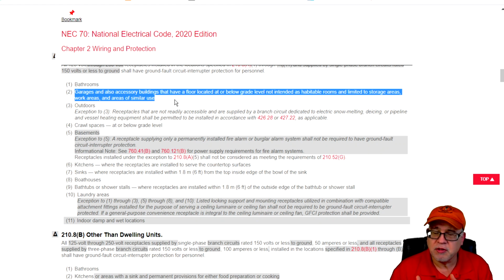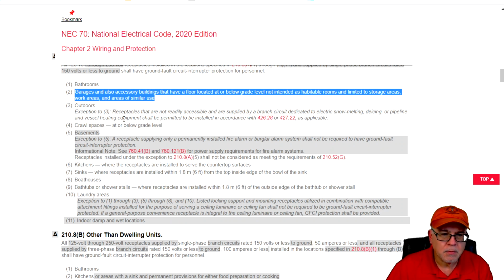It could also be the garage as well, whether it's attached or detached as an accessory building, provided there's actual power there. Okay, got to have power there for these requirements to kick in for a detached garage. At the end of the day, if you have receptacles in there, they're going to be GFCI protected, whether they're at floor level or even at below grade level.